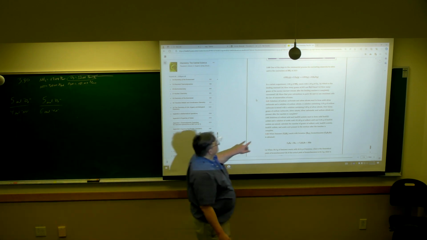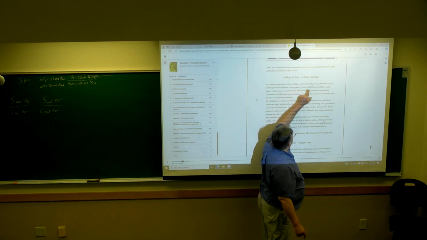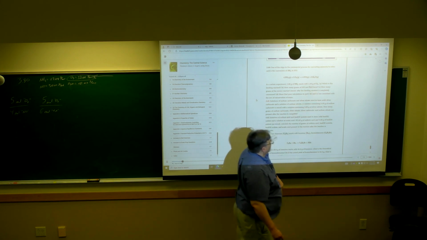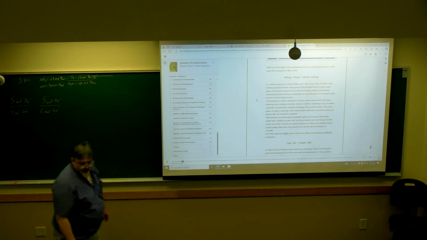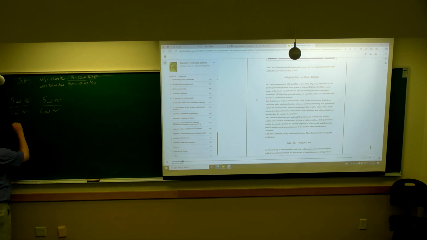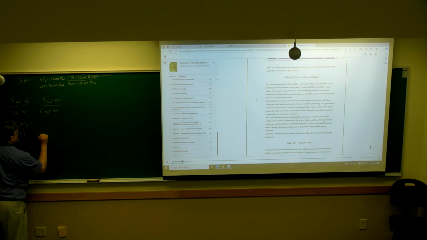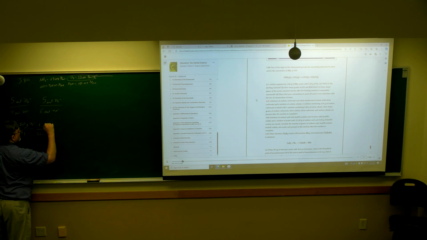So I'm going to use this 2.50 grams of O2 as my starting point because it's the limiting one. And from there, grams per mole for O2 is 32.00 grams of O2 to 1 mole of O2.